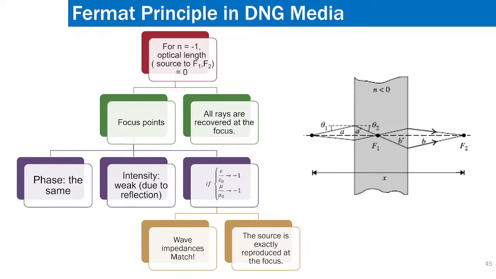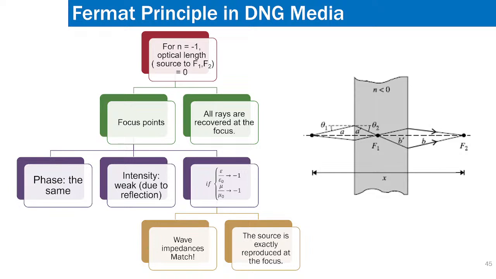If physical path length is lambda or any multiple of lambda, then phase is equal to 2 pi, and 2 pi is the same as 360 degrees, that is equal to 0. So if the phase is 0, then the optical length is 0, because 0 is equal to 2 pi by lambda into optical length. 2 pi is not 0, lambda is not 0, so optical length has to be 0. So for n equal to minus 1, optical length is equal to 0.